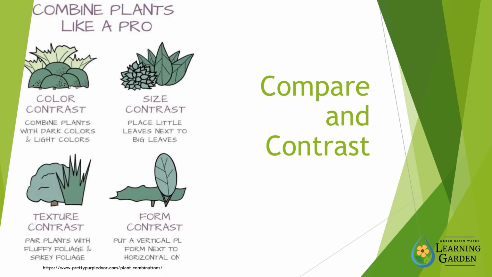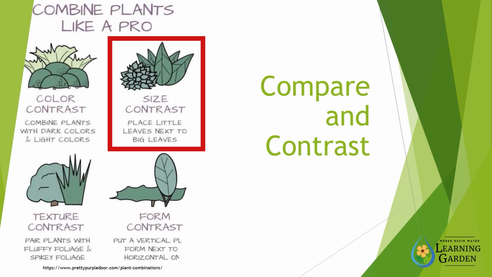For example, if you were to have a small space or a shorter space and you wanted it to appear longer or deeper than it actually is, then one thing that you can do is put plants that have a larger leaf closer to where you would be standing, and plants that have a smaller leaf further away from you at the back end of that area.